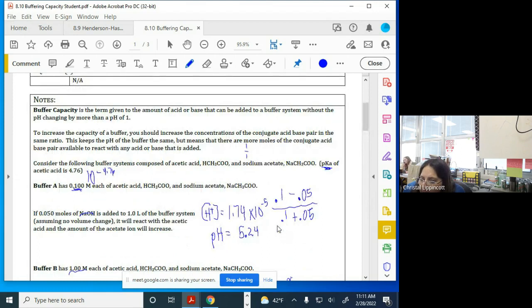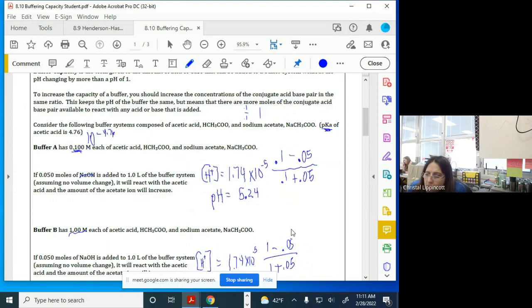When we started out, we had 0.1 molar of both of these. So they're in a 1:1 ratio, or in this case, 0.1 to 0.1. But the ratio, if we divide this out, equals 1. So 1 times the Ka is going to give you an H concentration that's equal to the same amount.